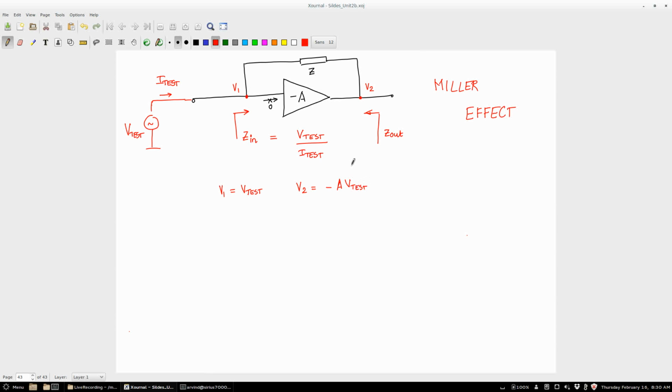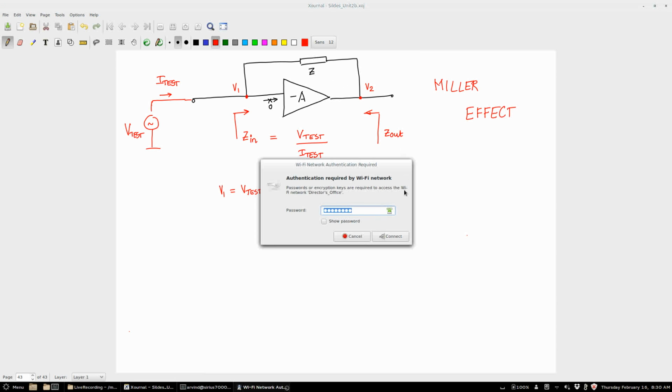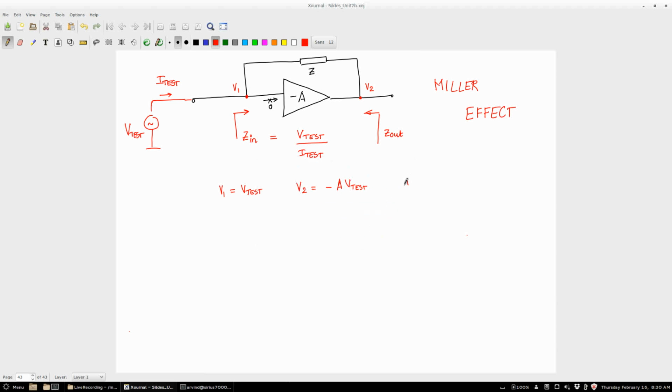What is V2? Minus A times V test. So then I've already mentioned to you that no current enters the amplifier. So all the current has to move through this impedance Z. So what will that current be?